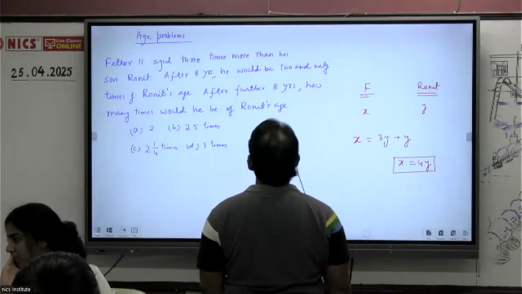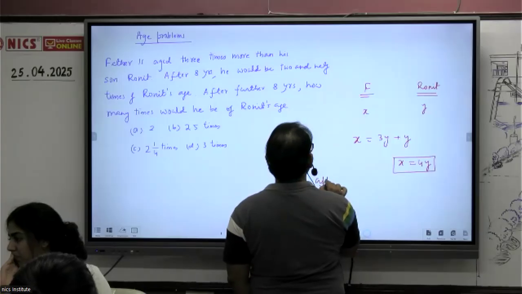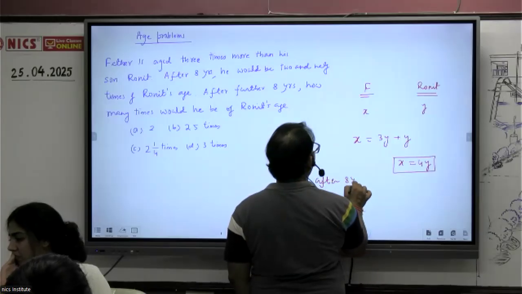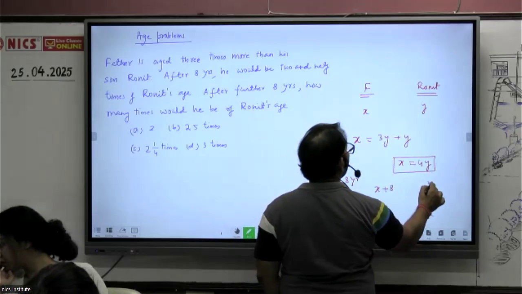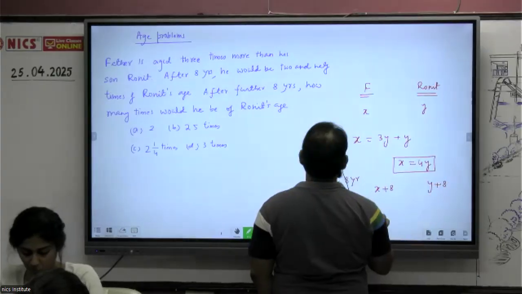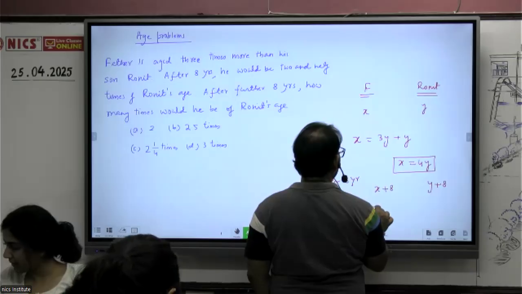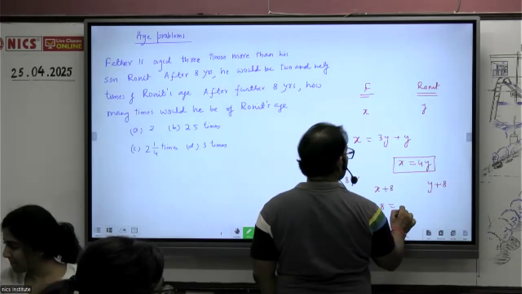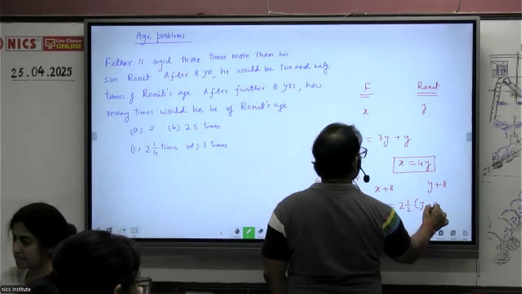After 8 years, it would be two and a half times. So after 8 years, what are the ages? It will be X plus 8 and Y plus 8. So after 8 years, X plus 8 is equal to two and a half times Y plus 8.